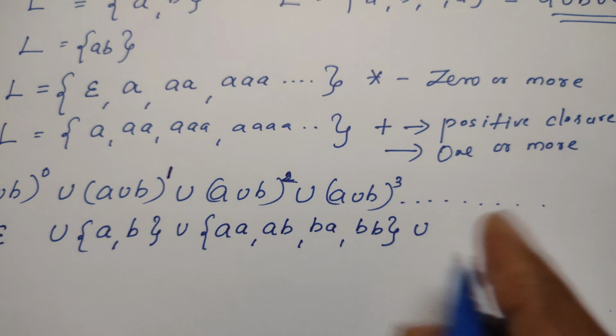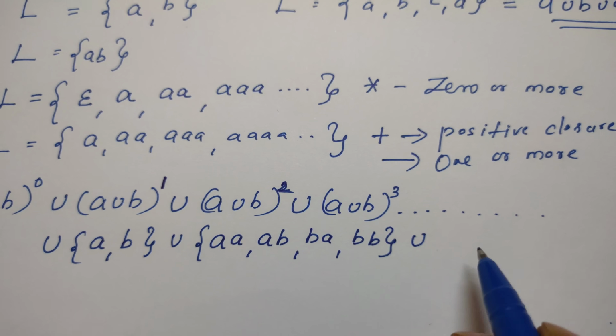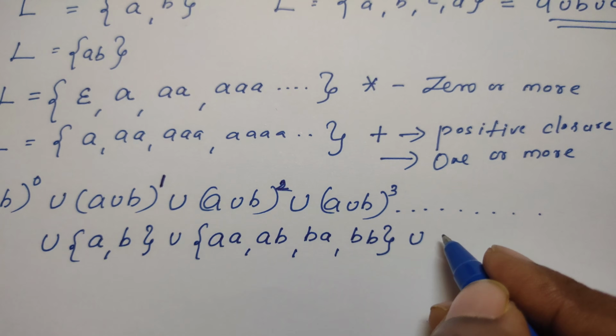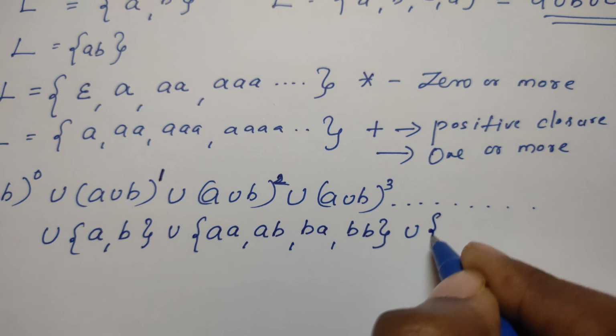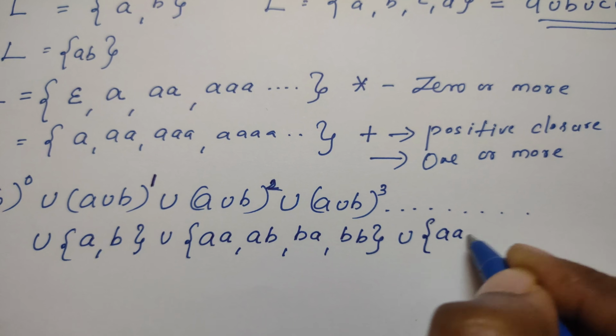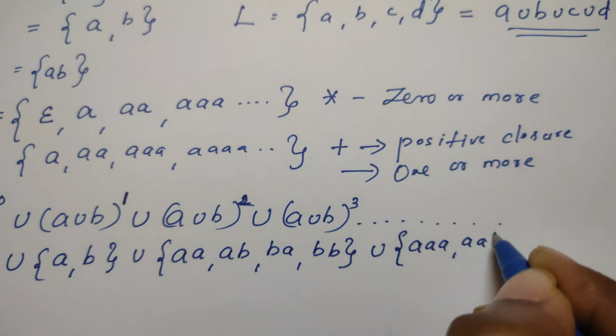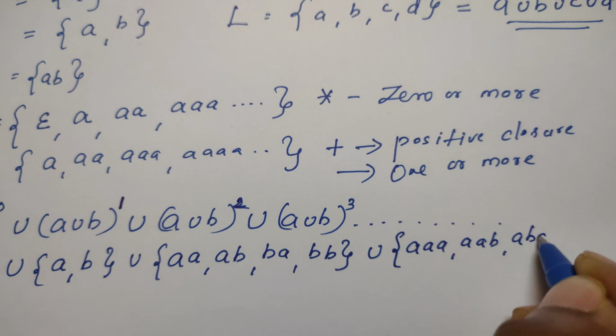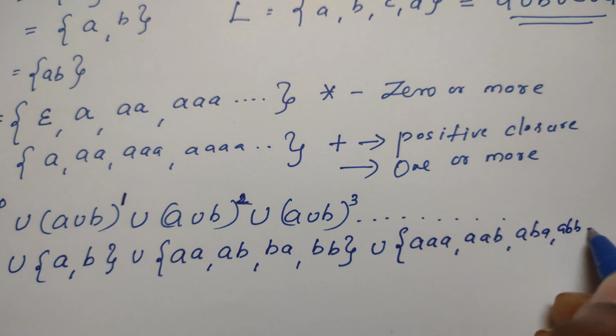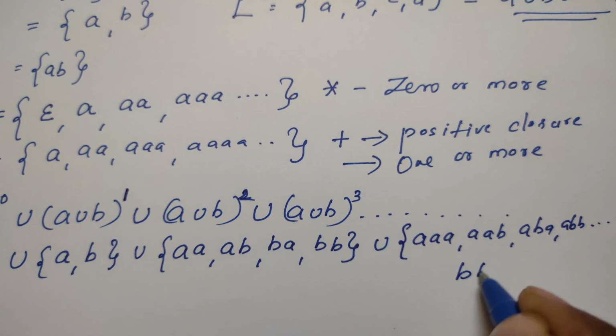So I don't need to explain what is A union B whole 3. It is nothing but strings of length 3. So what might be the strings? It is AAA, AAB, ABA, ABB, etc. We have the strings up to BBB.